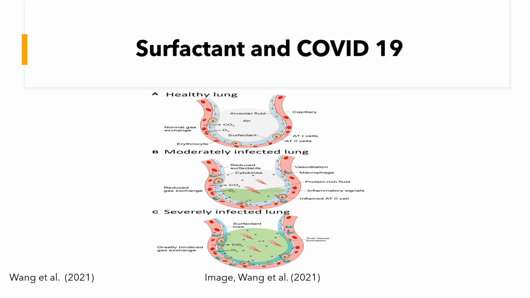And you have reduced surfactant because you have cytokines in there, and it's just not good. C is a severely infected lung. This is where you lose all of the surfactant, which is going to hinder the gas exchange a whole lot. At this point, you're seriously going to need to be hospitalized. You're going to need help because you're not going to be able to breathe.